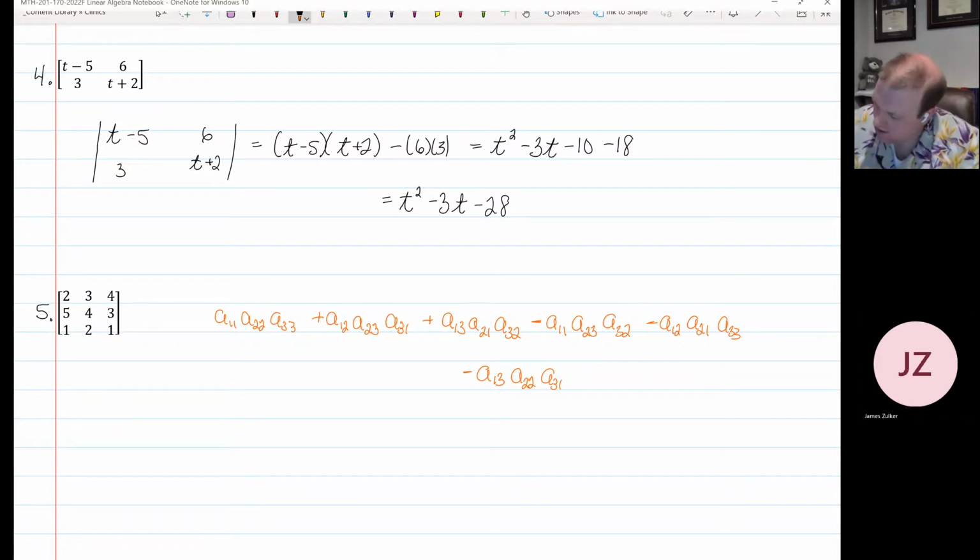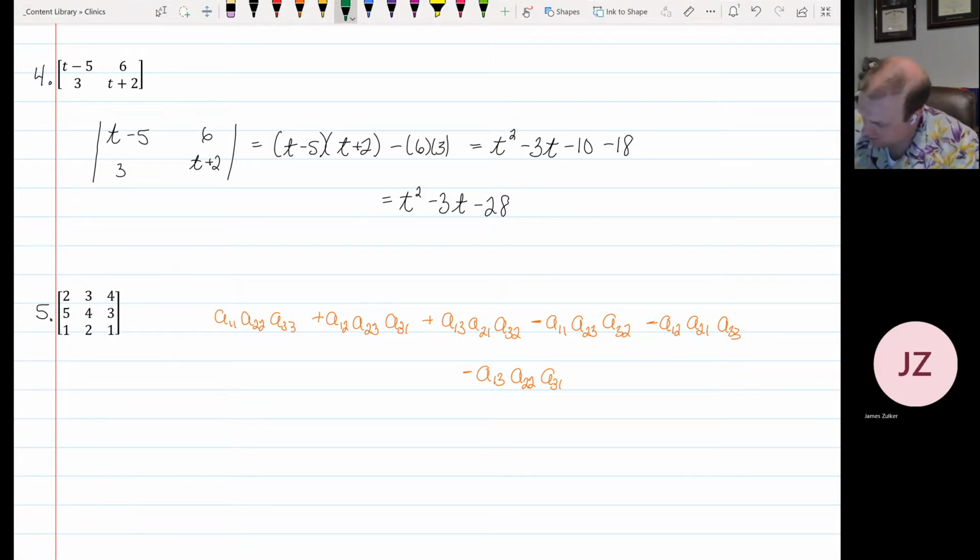If you look, I'm going to do all the positive terms. A11, A22, A33 goes like this. A12, A23, A31 goes like this. A13, A21, A32 goes like this.